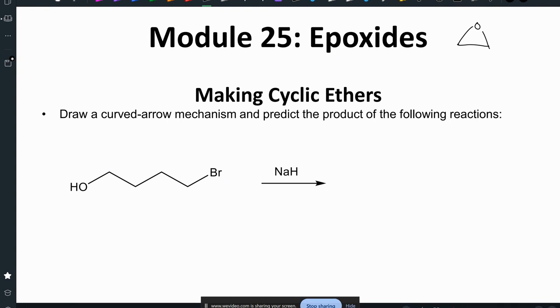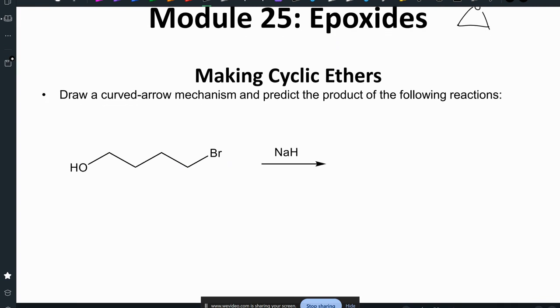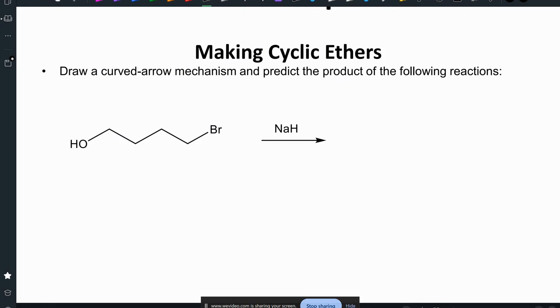So I'm going to start by just talking about how we can make cyclic ethers. Here's an example where I've got a molecule that's got an alcohol at one end and an alkyl halide at the other end. You might remember that when I add this reagent NaH, a very strong base, it is going to remove the most acidic proton.